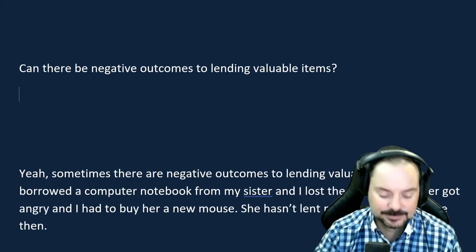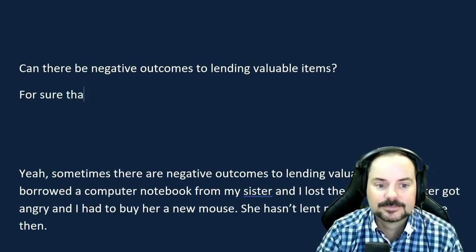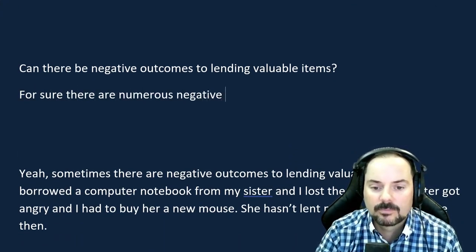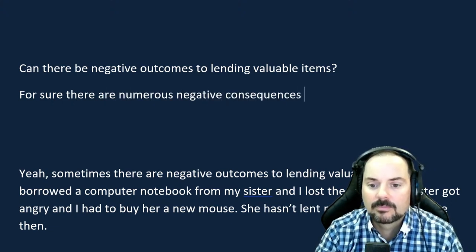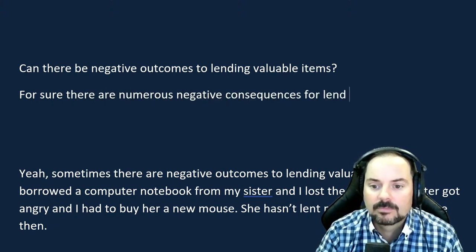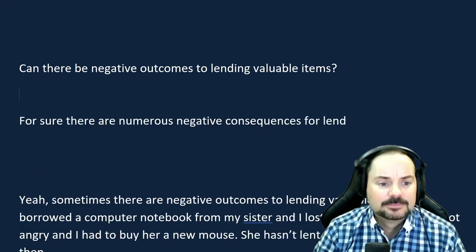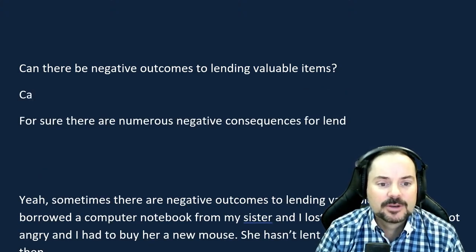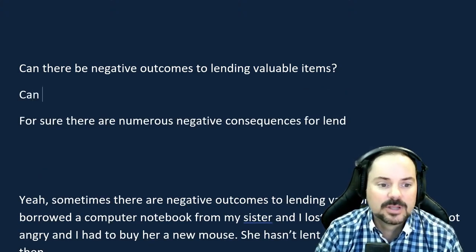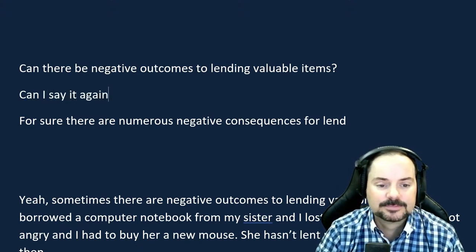For sure, there are numerous negative consequences for lending. If people lend, can I say it again? I'm sorry. Yeah, sure. Go for it. Yes. Can there be negative outcomes to lending valuable items? Yes.